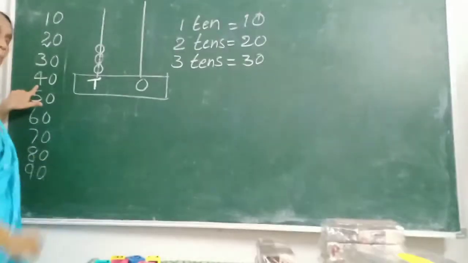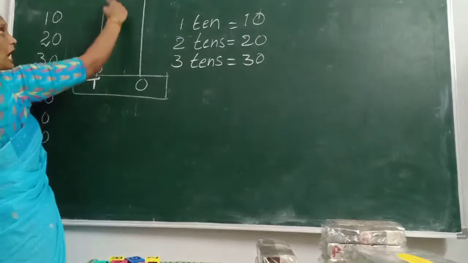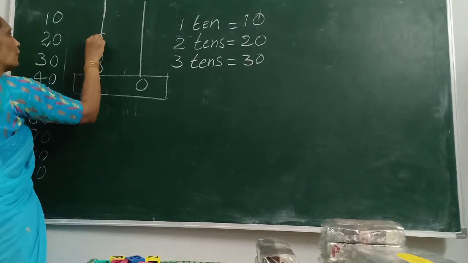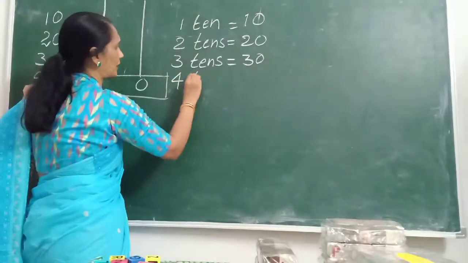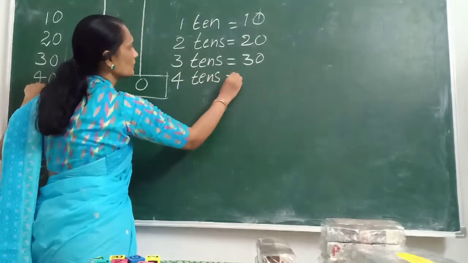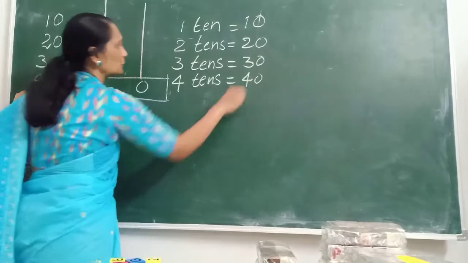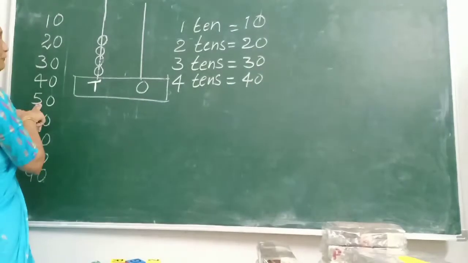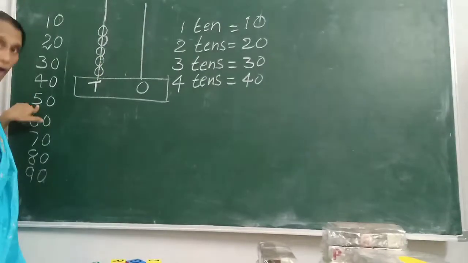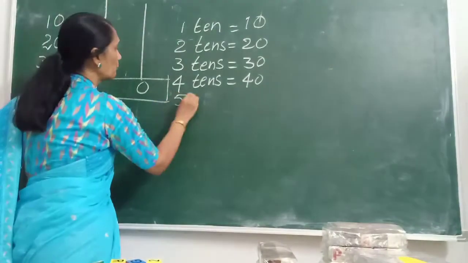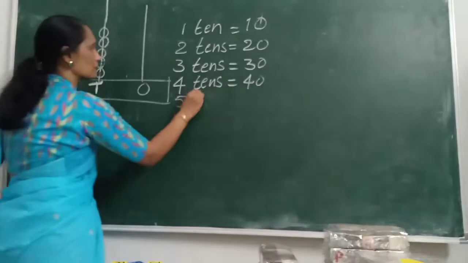Okay, if you want to represent 40, how many beads we have to place on this? 4 beads. Right. So, 4 beads means 4 tens, equal to, tell me, 40. Then 50. How can we represent? We can represent it by 5 beads. So 5 beads means 5 tens.